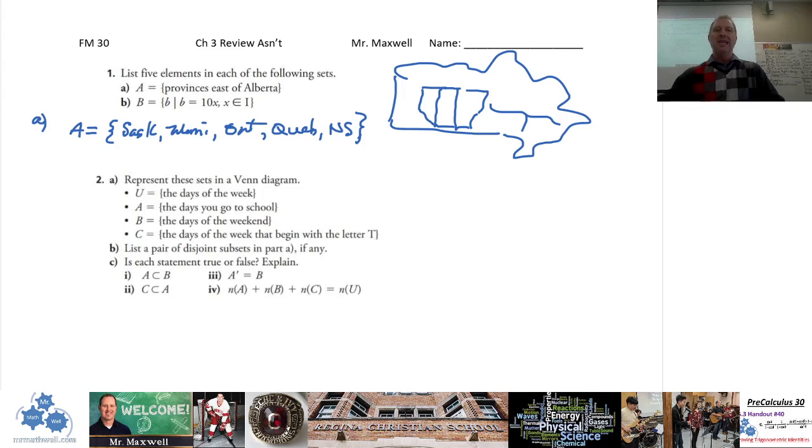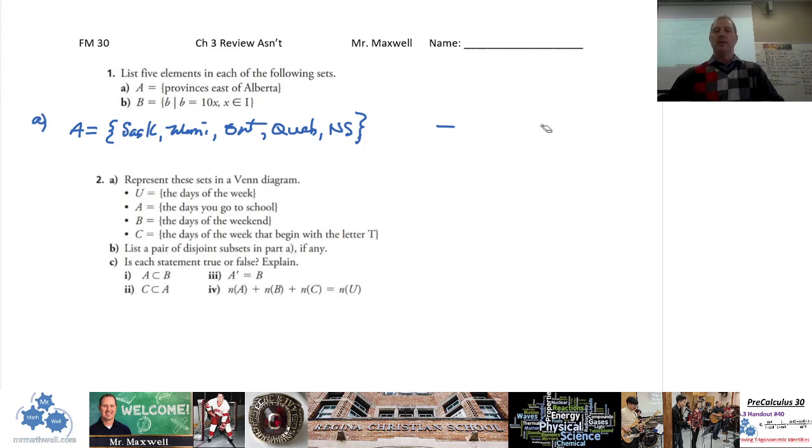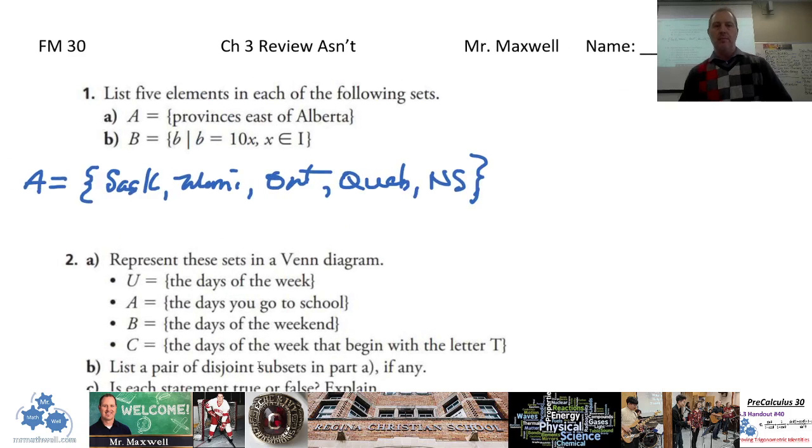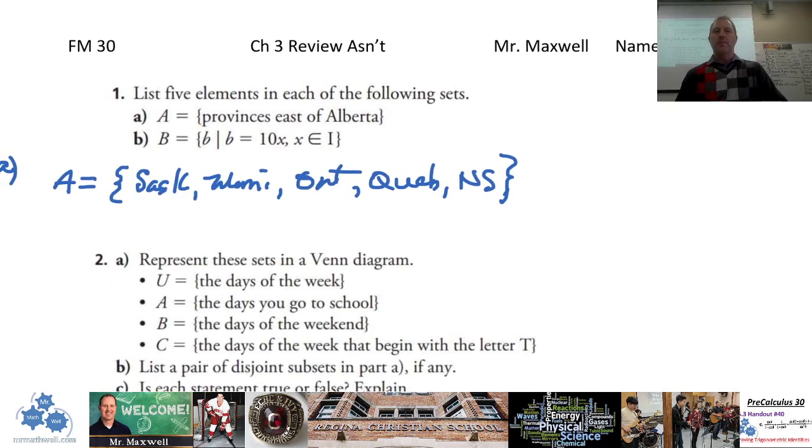Okay. Now B is maybe a little bit more complicated. We've got definitely some interesting notation there. So I'm going to zoom in just a little bit so you can see that. So the notation there is the set B has elements B such that B is equal to 10 times X, where X is an element of integers.